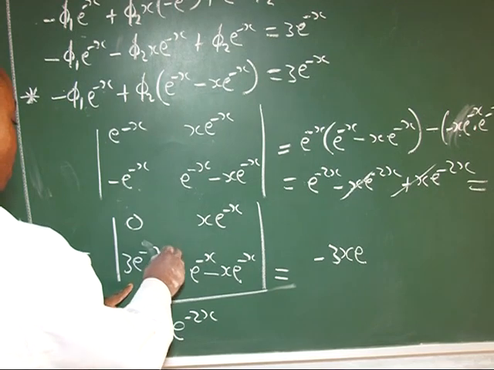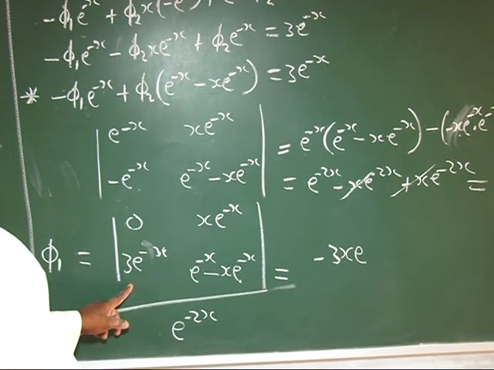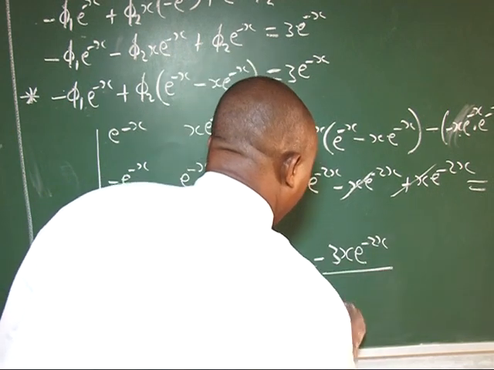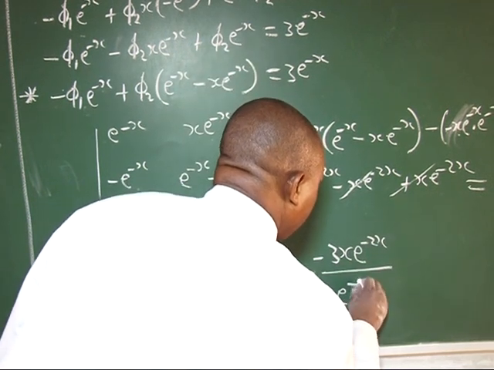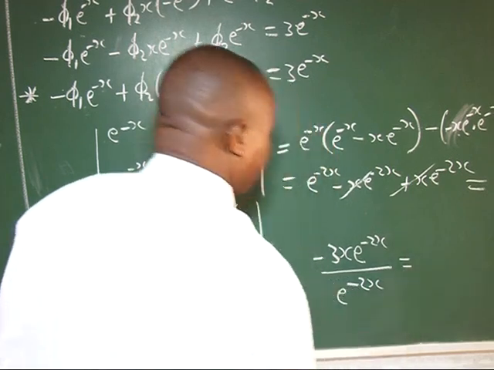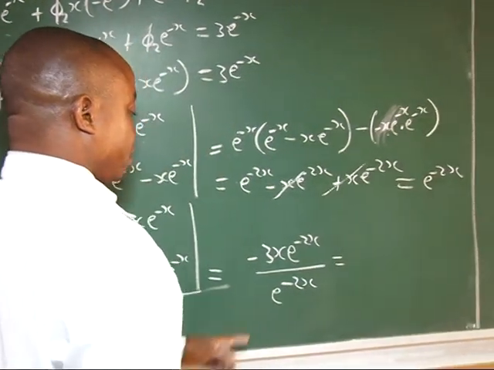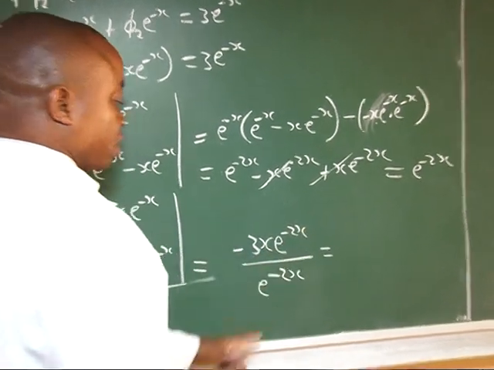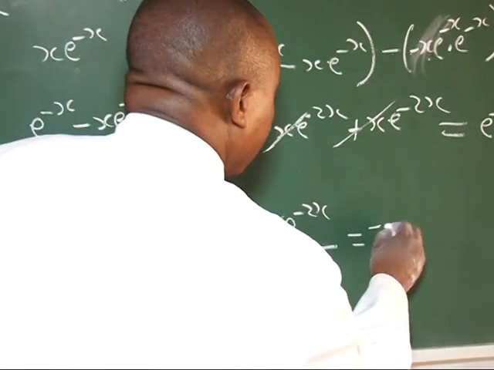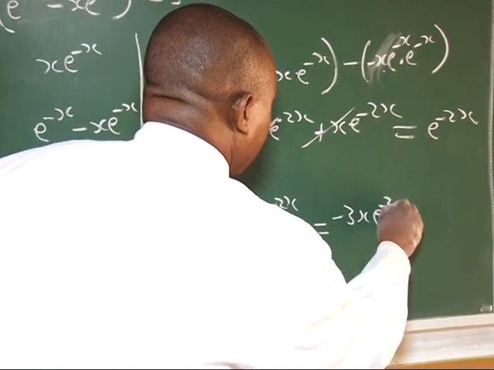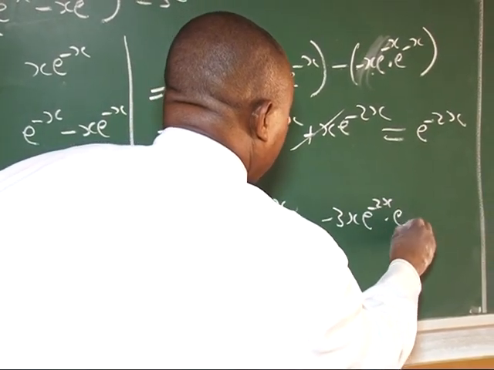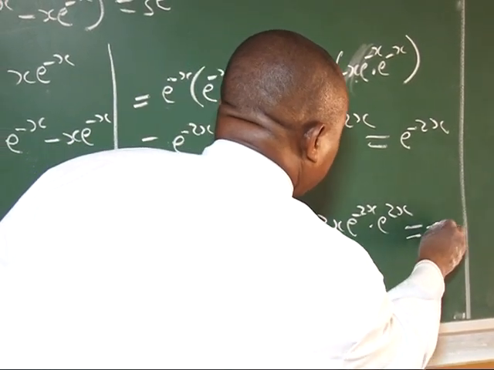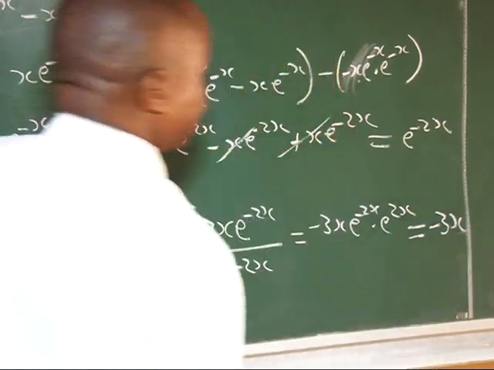Going this way, we have minus 3x e^(-2x) all over e^(-2x). So this will give us, you see this, if we take this up, of course it will be plus. So we have minus 3x e^(-2x) times e^(2x). So everything here gives us minus 3x.